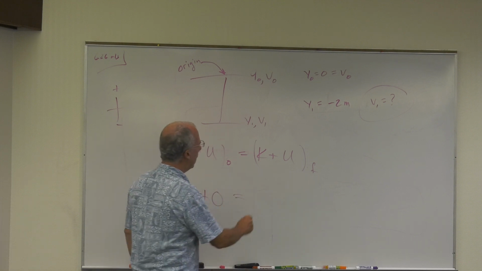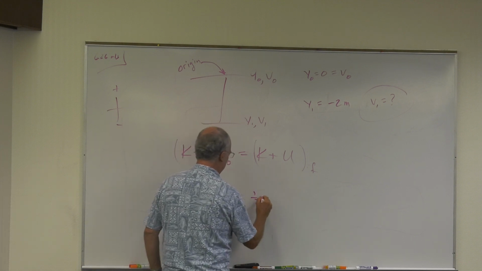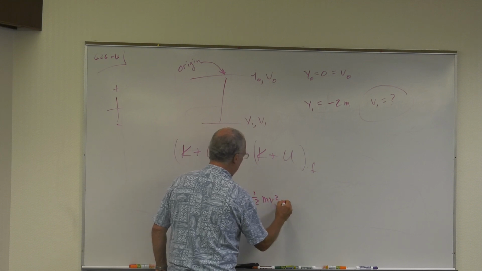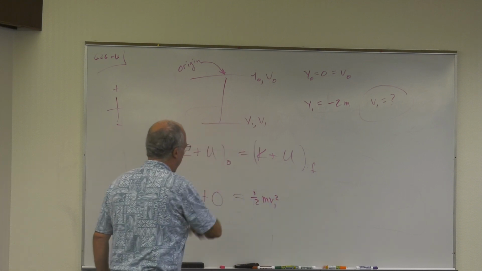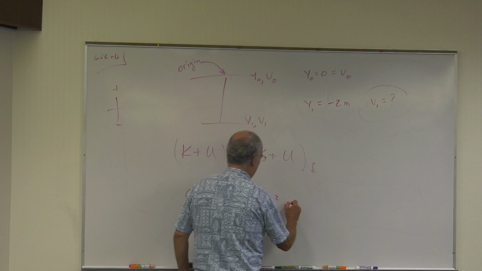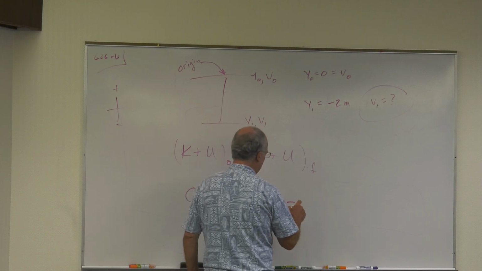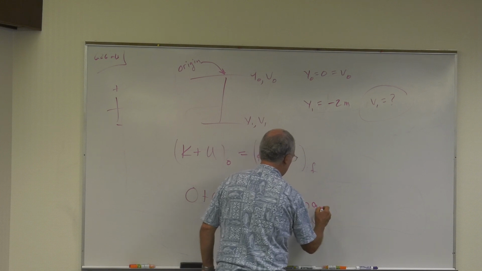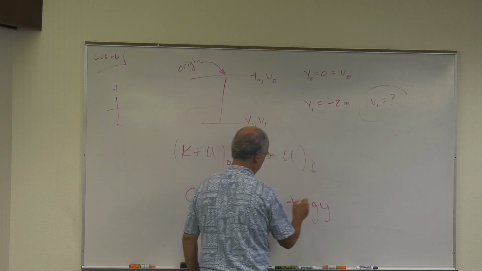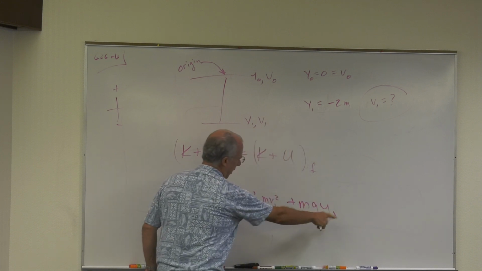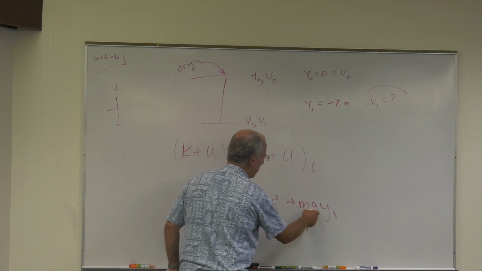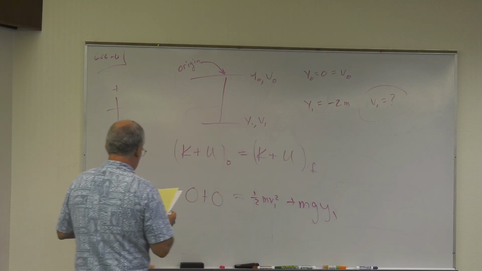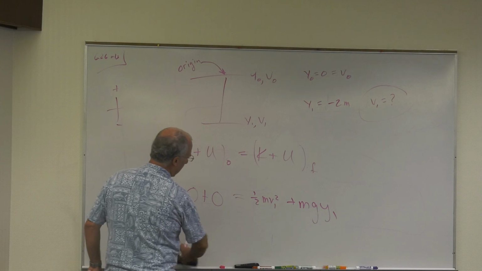K final is 1/2 mv1 squared. And U final is mgy1. I'll get to the minus in there in a minute, but it's plus mgy1. All right, everybody agree?